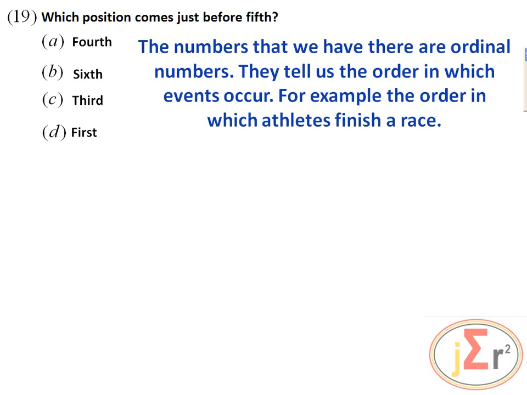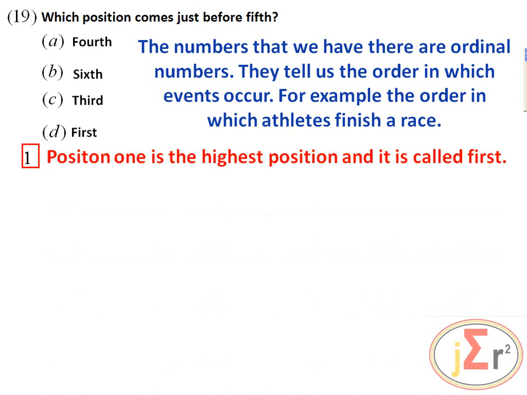For example, the order in which athletes finish a race. So ordinal numbers give you the idea of the order in which events occur. They are not just numbers that are assigned, but those will tell you the order in which things occur.